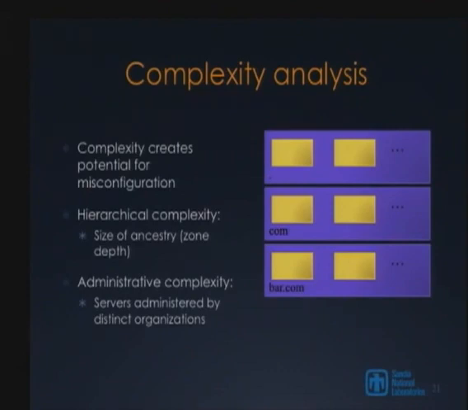Then administrative complexity has to do with this: I run my zone, example.com, and we'll use an example closer to home, purdue.edu, and you want to share servers with illinois.edu because they're good friends. Maybe Indiana, I don't know. You're hosting each other's data because it's cheap, and that way you get high availability.